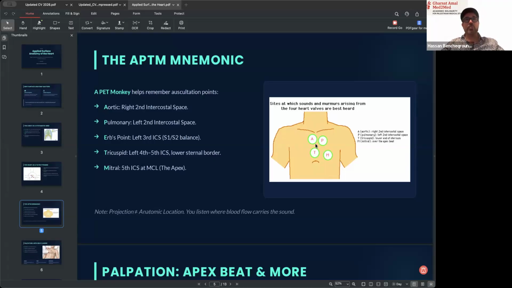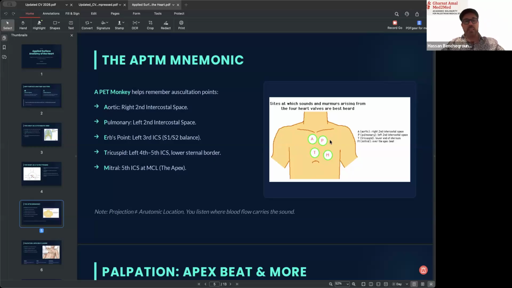Why do we have these complicated names? Because they are precise. And if there is a blind physician you're speaking to, they can visualize just by your words the precise location where you're pointing to.